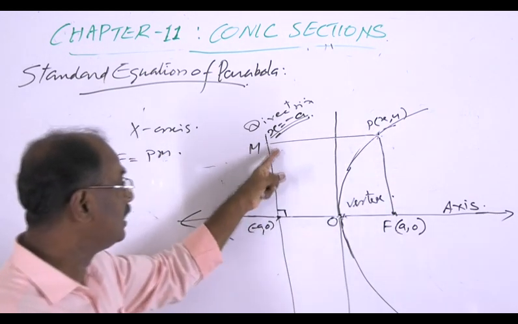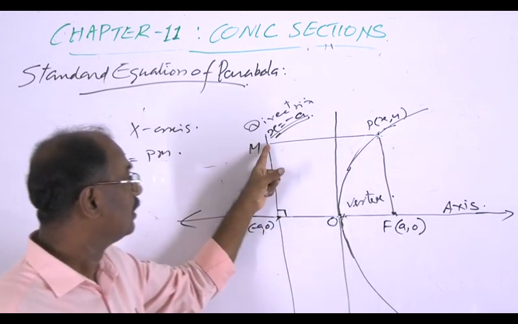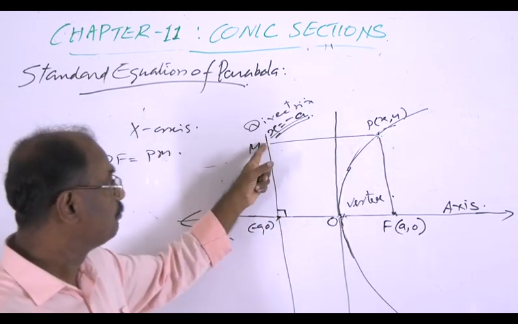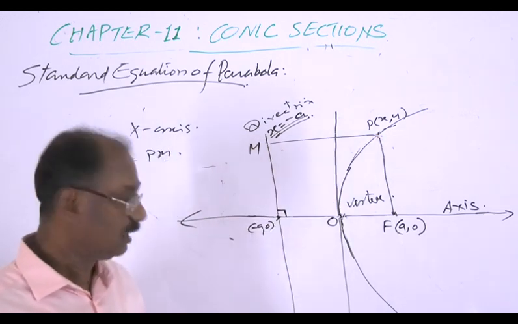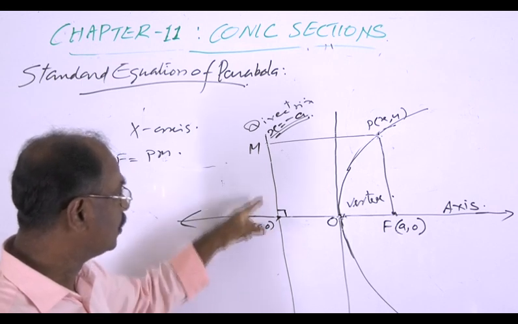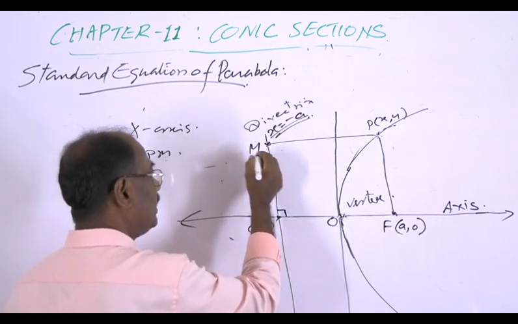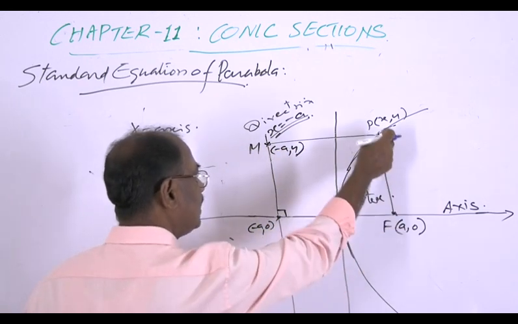So PM is the distance between this point and this point. This is (-a, 0), and therefore this point M is (-a, y), because this height is y.